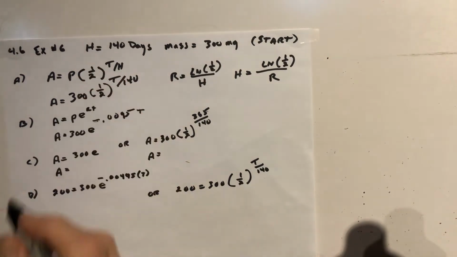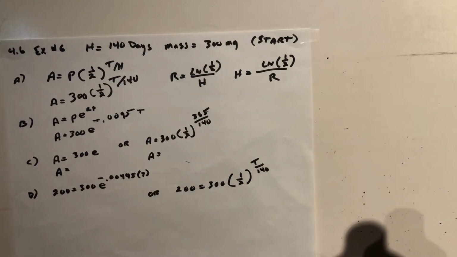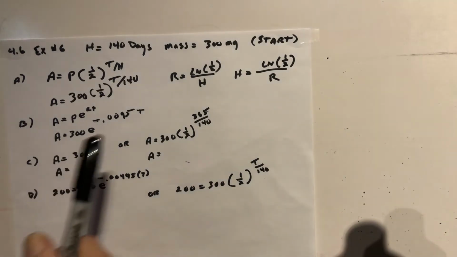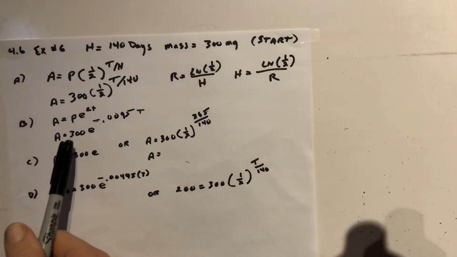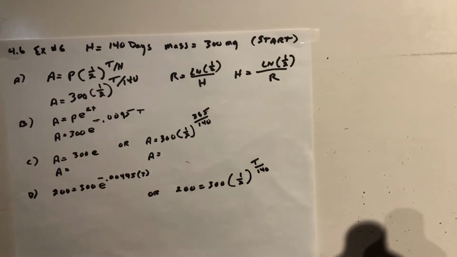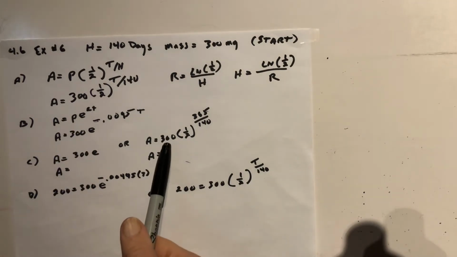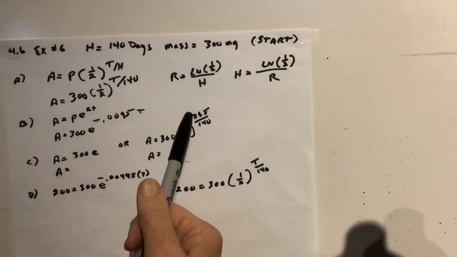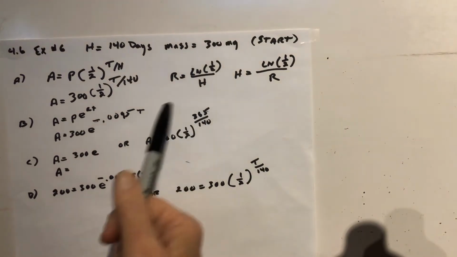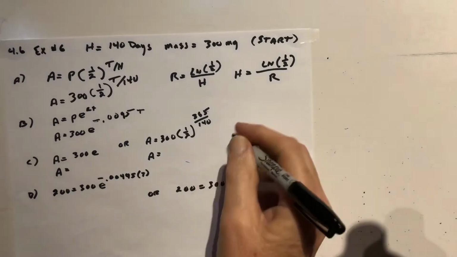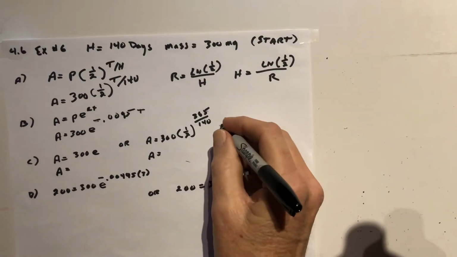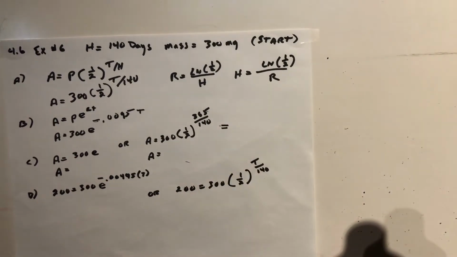So don't put a 1 there, put 365. But you have your choice of which way you want to do it. You can use PERT or you can use half-life. If you use half-life, it's 300 times one half to the time of the experiment over the half-life. So this would be the half-life formula. You can try that on your calculator, and you should get around 49.3 milligrams.